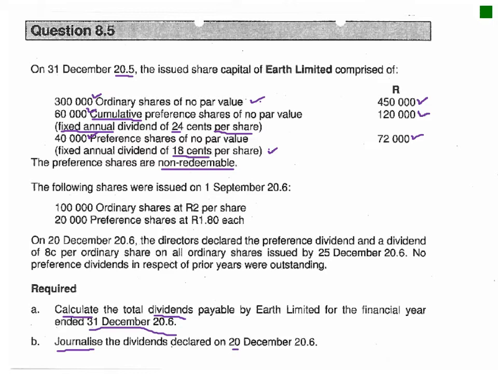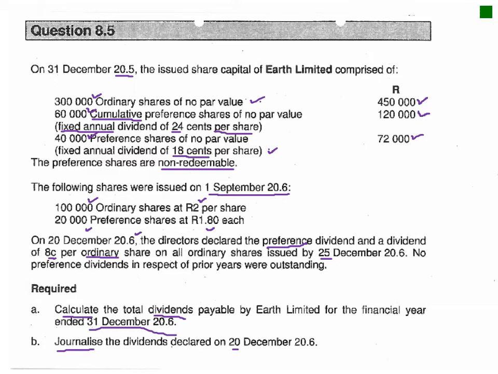These shares were issued on the 1st of September, so we've now got additional shares that were issued. 100,000 ordinary shares were issued at 2 Rand and 20,000 preference shares were issued at 1.80 Rand each. On the 20th of December 2006, the directors declared a preference dividend and a dividend of 8 cents for ordinary shares on all the ordinary shares that were issued on the 25th of December.